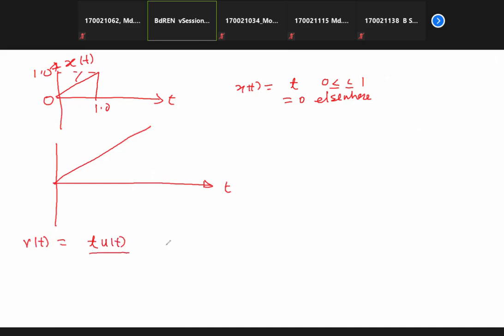This implies that when we multiply a pulse or any signal with u(t), the remaining side of the signal will be equal to 0, because u(t) extends from 0 to infinity. Do you know the name of this signal? The ramp function. This is called the ramp signal, R-A-M-P.